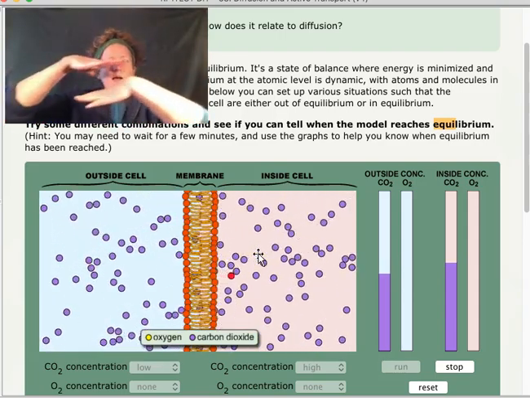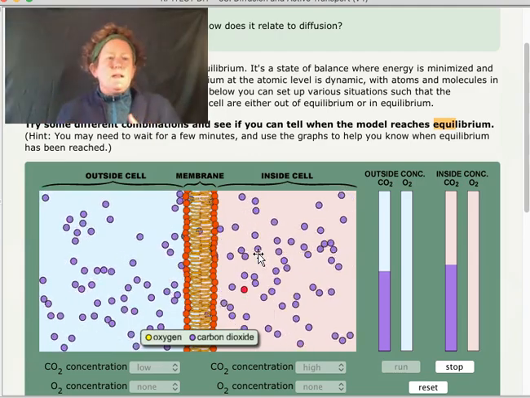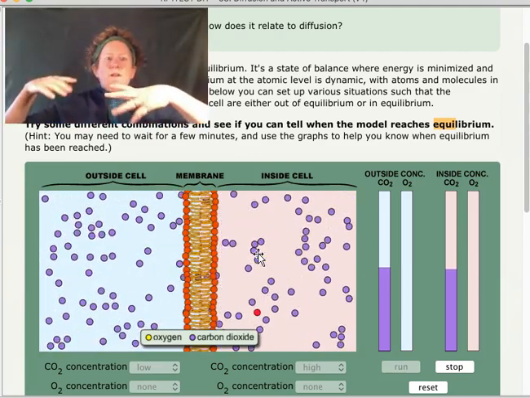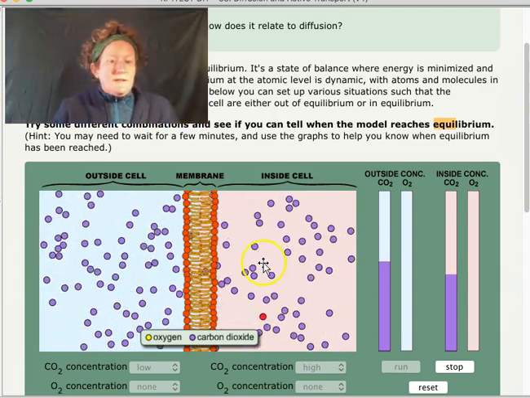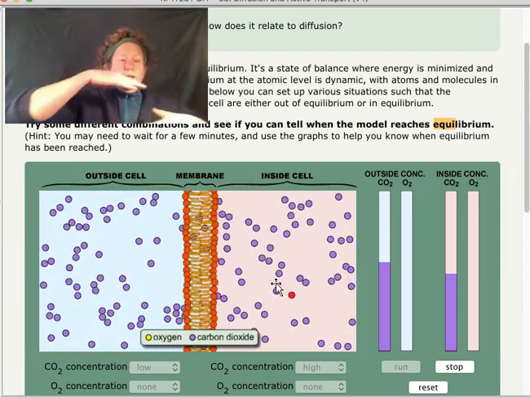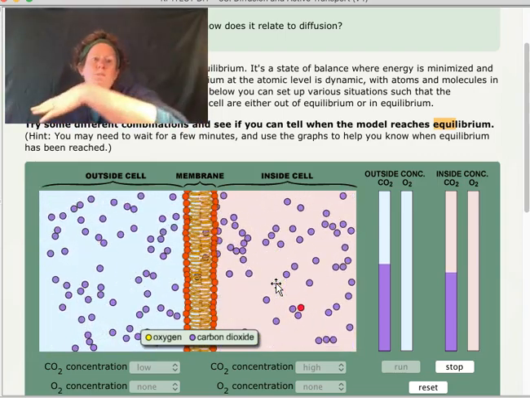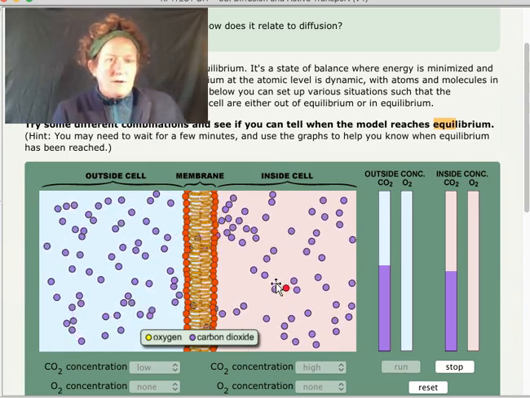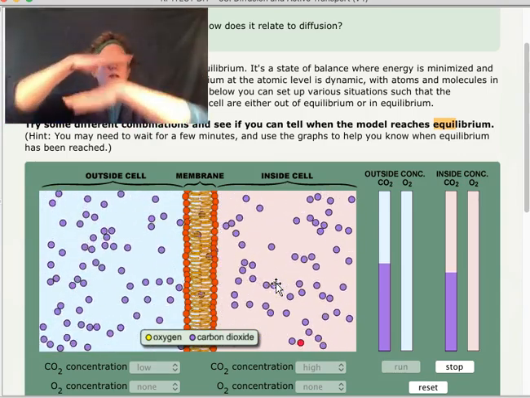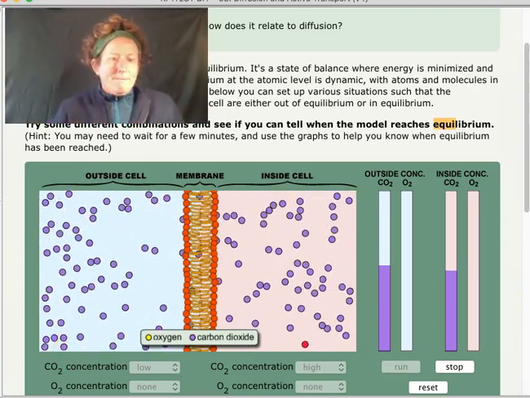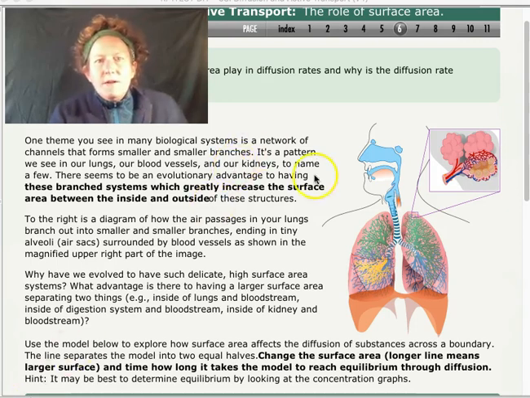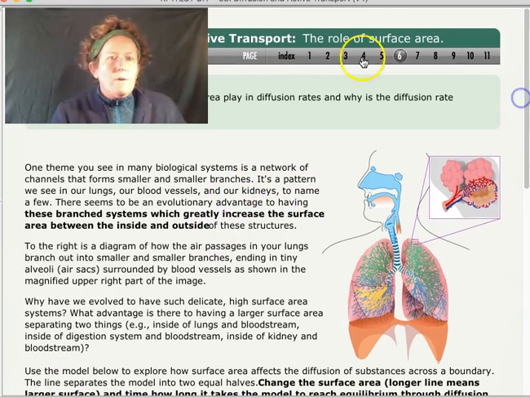So when the concentrations are at equilibrium, like say of carbon dioxide we're looking at right here, the number of molecules moving in one direction is equal to the number moving in the other direction. It doesn't mean they stop moving, it means they're moving in both directions in the same amount. And that's called equilibrium.